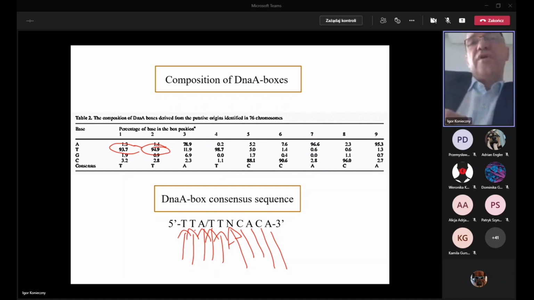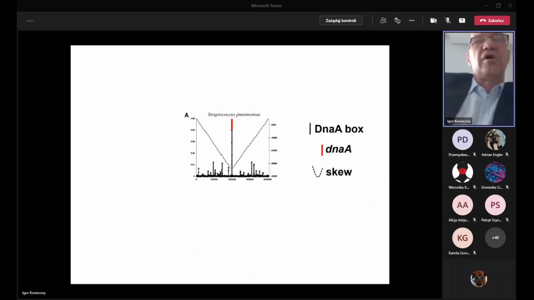If we know the consensus sequence of a replication initiator, then we can identify DnaA box sequences all over the chromosome, and then we will have information about the distribution of those DnaA boxes. The highest concentrations of DnaA boxes in a particular site would most likely indicate the DNA replication initiation site.